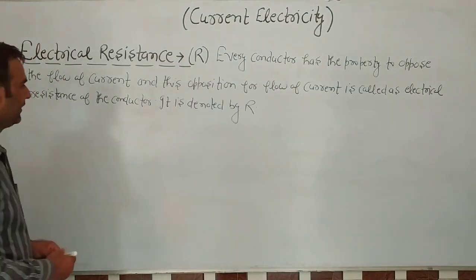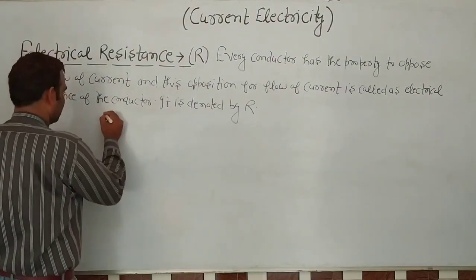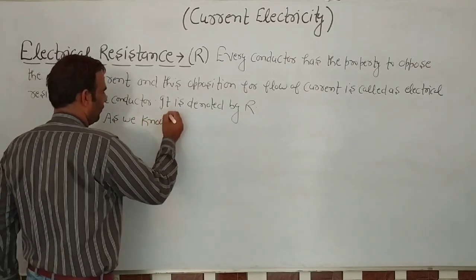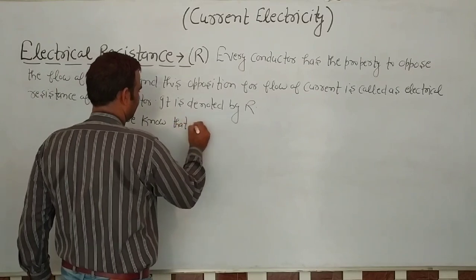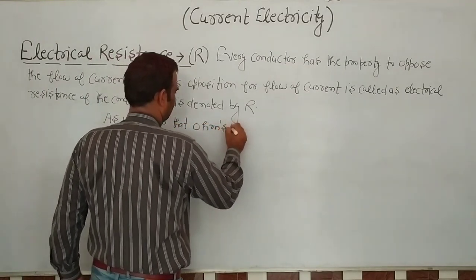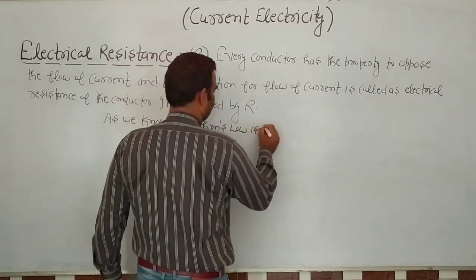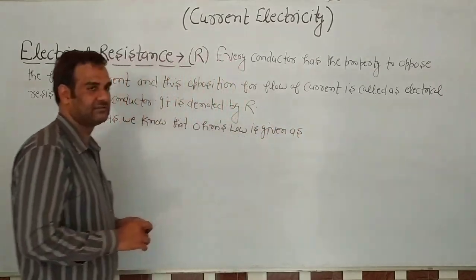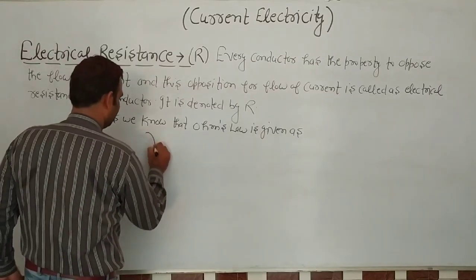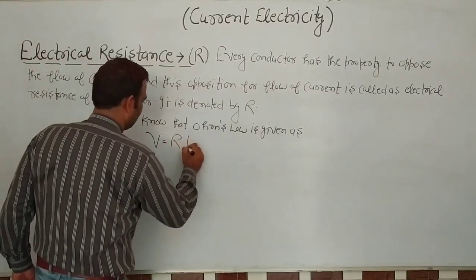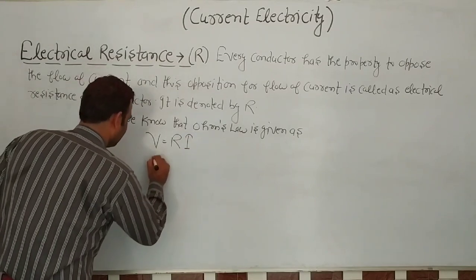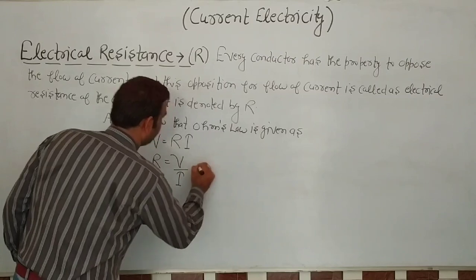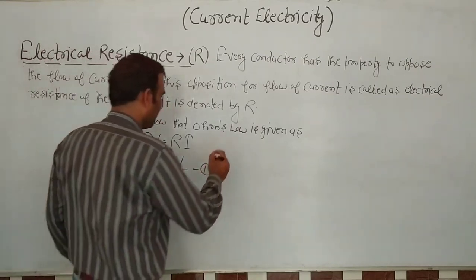Clear? Okay, students. We know that Ohm's law is given as V is equal to RI. So what is R from here? R is equal to V upon I. This is equation number 1. Where V आपके पास क्या है बेटा?